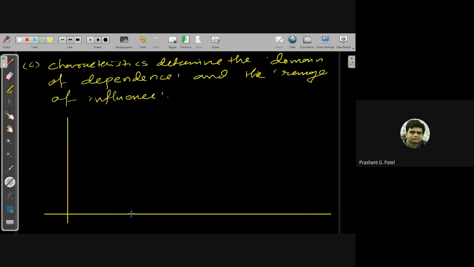So we'll have this is the point A, this is the point T, and this is the point B. This is the point P, which is x1, t1. This is the point A and B. This is your x-axis and this will be your y-axis.